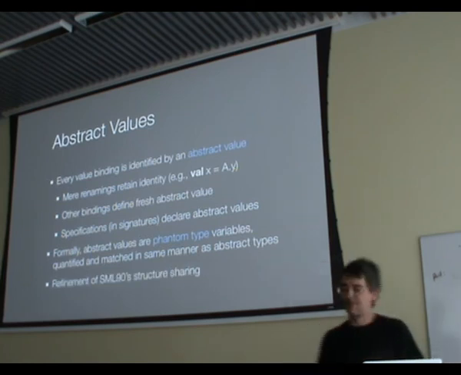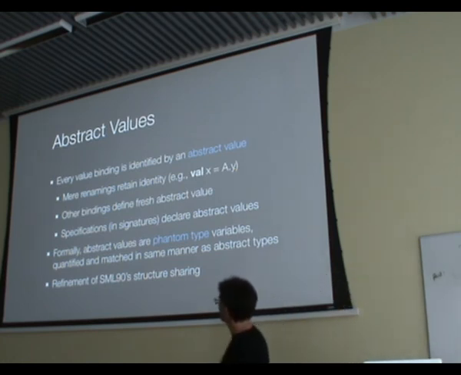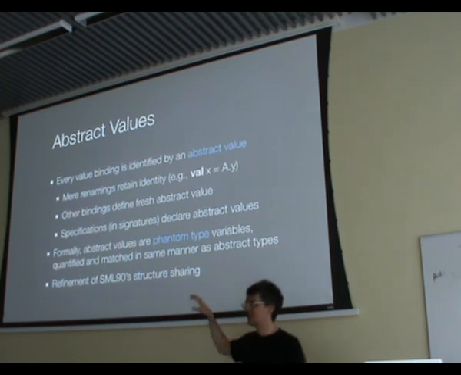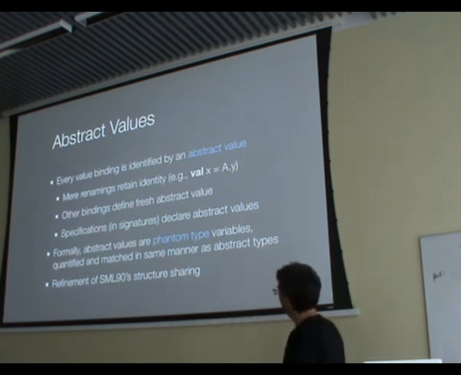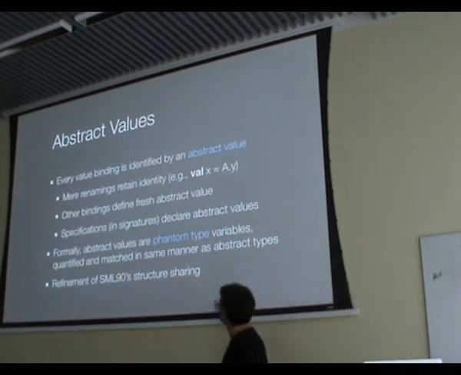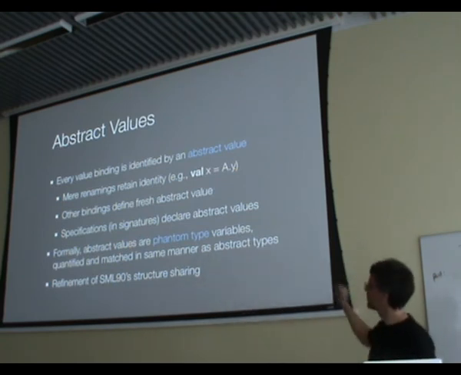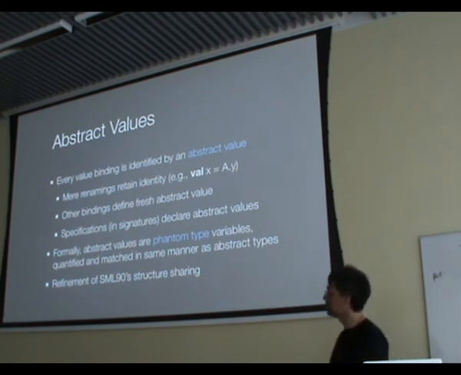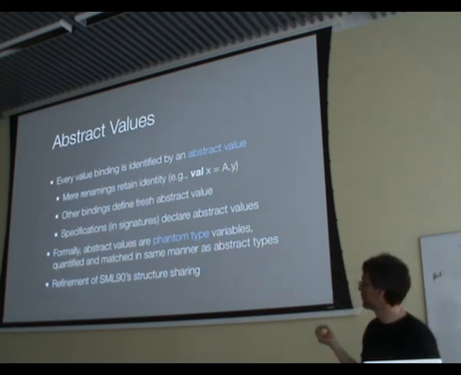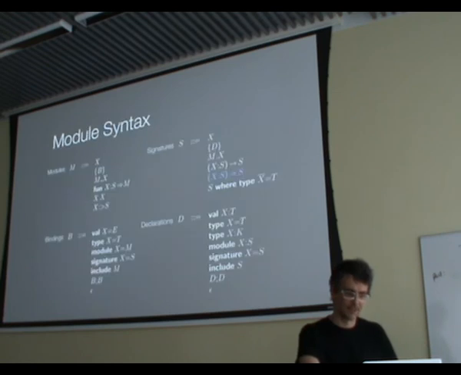Another way to look at this idea is that we're basically reintroducing the notion of structure sharing that existed in early Standard ML, where it was realized in a very operational way using stamps. So here we're reconstructing it in a more type-theoretic manner using type variables, phantom types, and we refine it to work on the granularity of individual values instead of whole structures. So if you've seen that before, then there might be some resemblance.